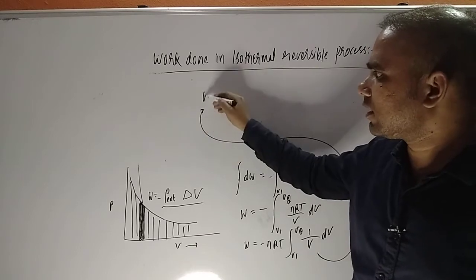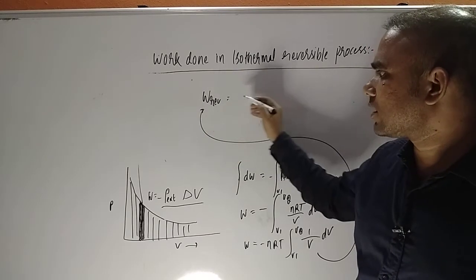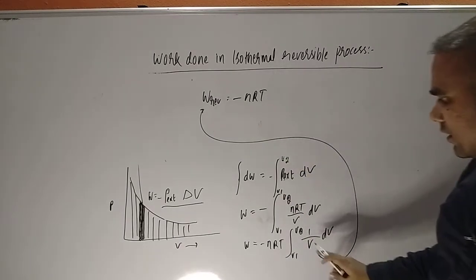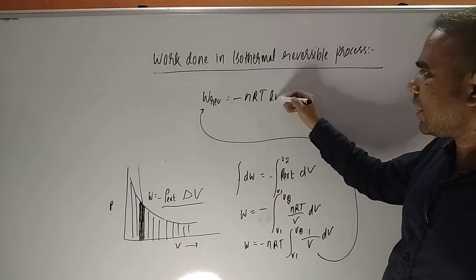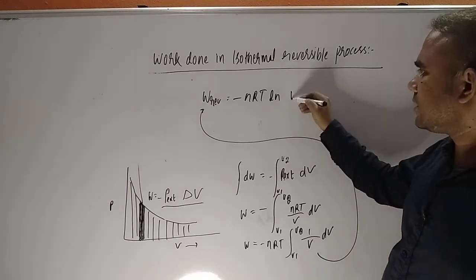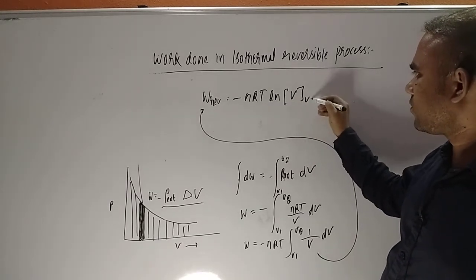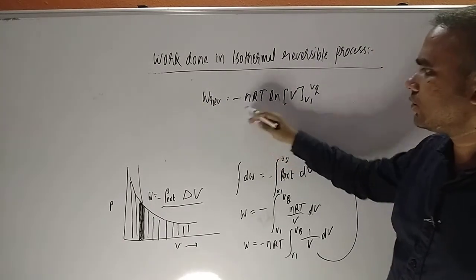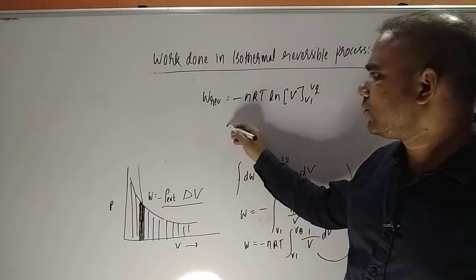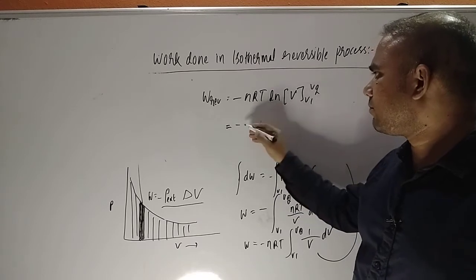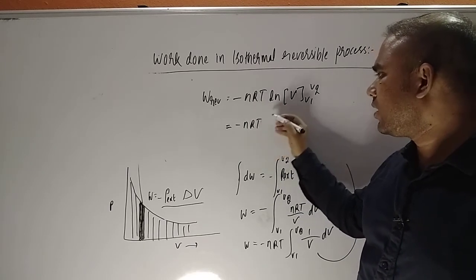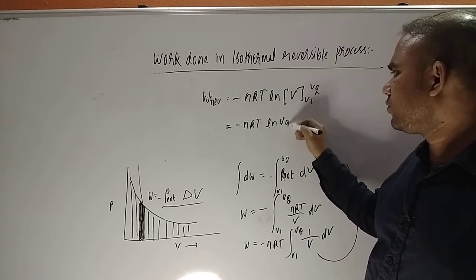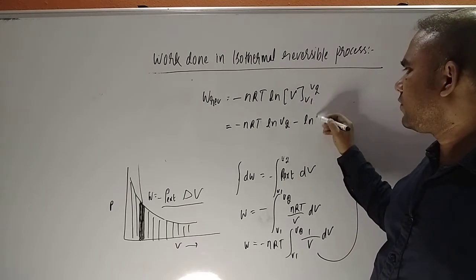Here W reversible is equal to minus nRT ln V between the lower limit and upper limit. So W is equal to minus nRT, ln V2 minus ln V1.